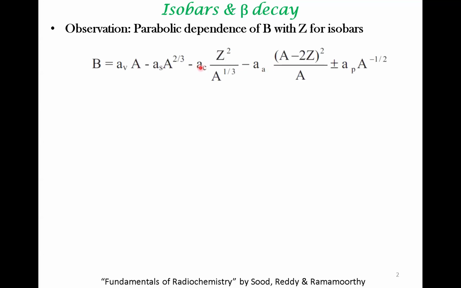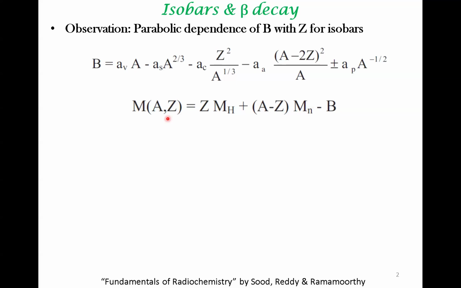We have a formula for binding energy. This is what was derived via the liquid drop model. And then from this binding energy as a function of A and Z, we can get to the mass of any particular nucleus.